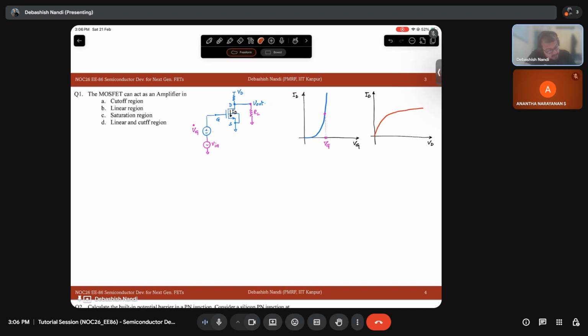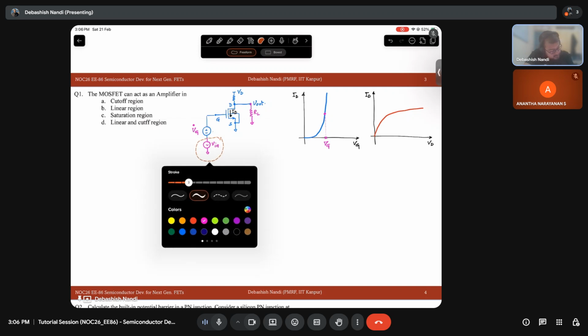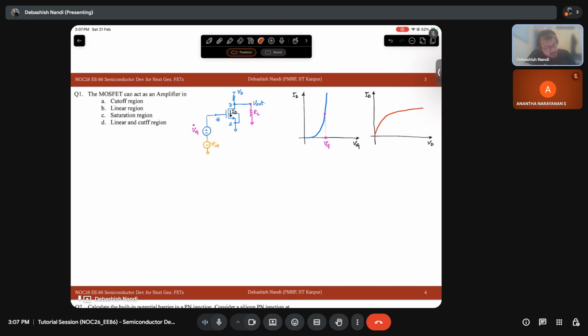So this is this and this entire stuff. Let's say this is orange. Okay. So let's say I have a small signal on top of that, right?